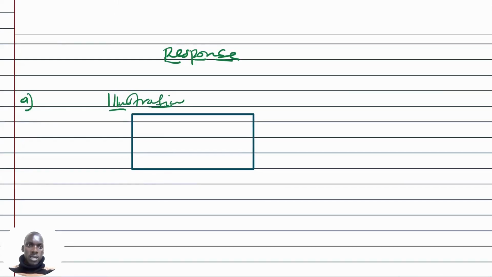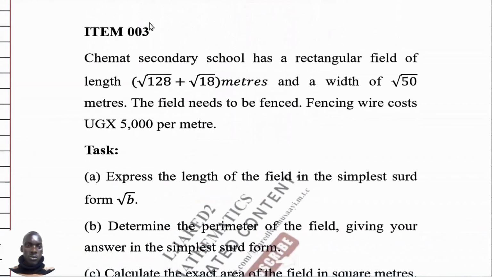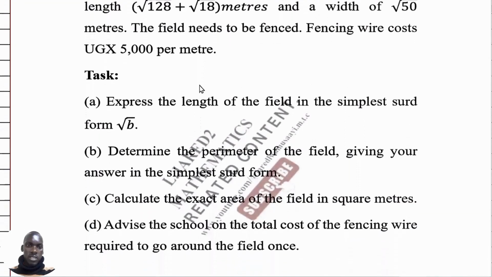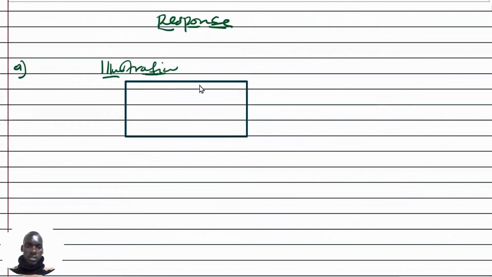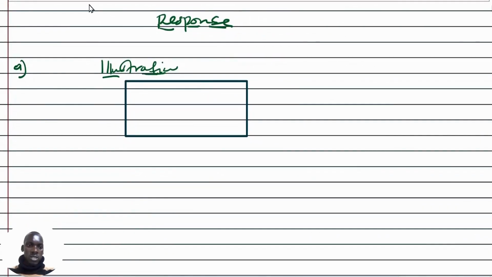The length measures the square root of 128 plus the square root of 18 meters, and the whole of it is in meters. Whereas the width measures the square root of 50 meters.